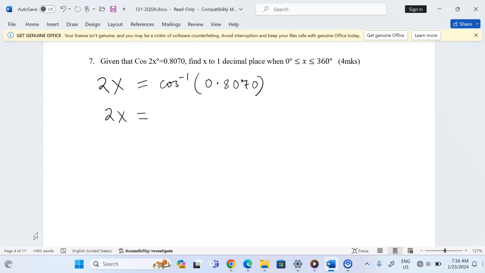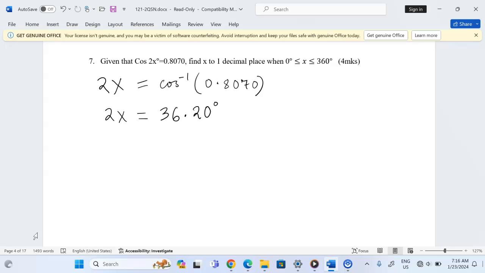then we're going to calculate the cos inverse of 0.8070, and this is giving us 36.2, or we can have 2 decimal places, which is going to be 36.20 degrees.